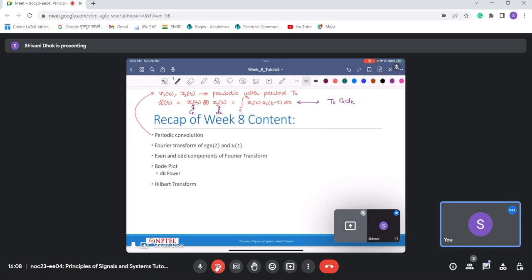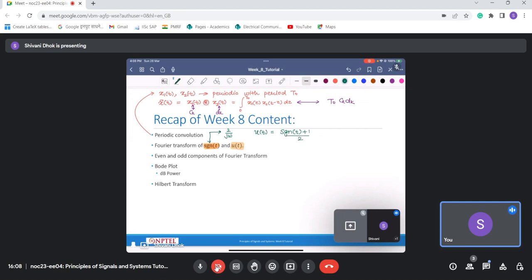After this, the Fourier transform for two important signals was discussed. One was the signum function, sgn(t), and the other the unit step function, and their interrelation was discussed. Initially the Fourier transform of the signum function was obtained as 2 upon j omega, and we had seen that the unit step function can be written in terms of the signum function as (sgn(t) plus 1) divided by 2.